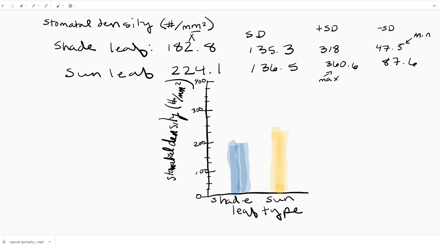So the bars represents my means, and then my standard deviation bars, those are going to be drawn in as an I bar. So we're going to go up to 318, which is about here, and it's going to go all the way down to 47, which is about here.